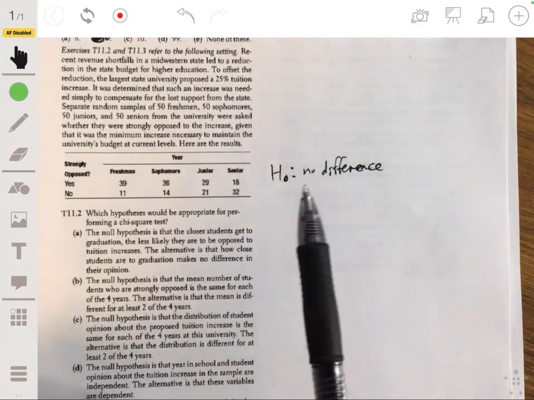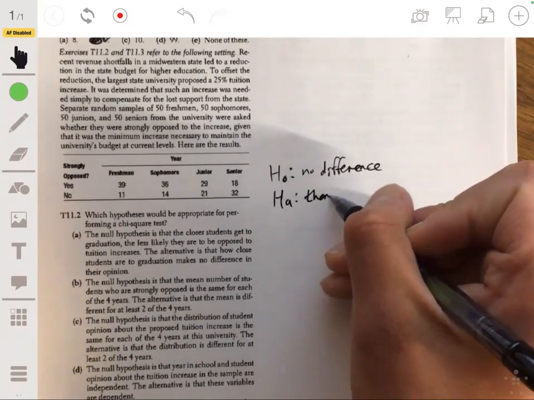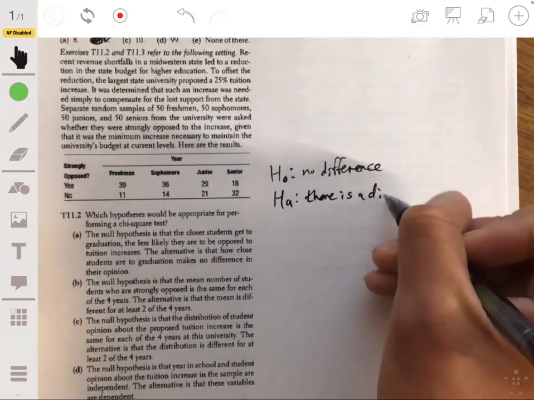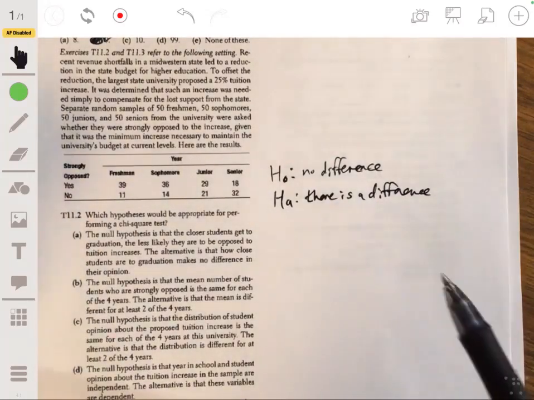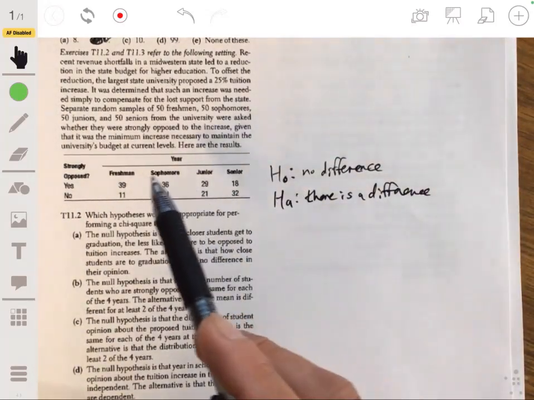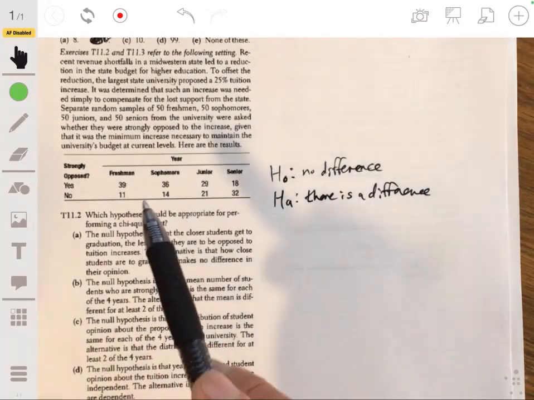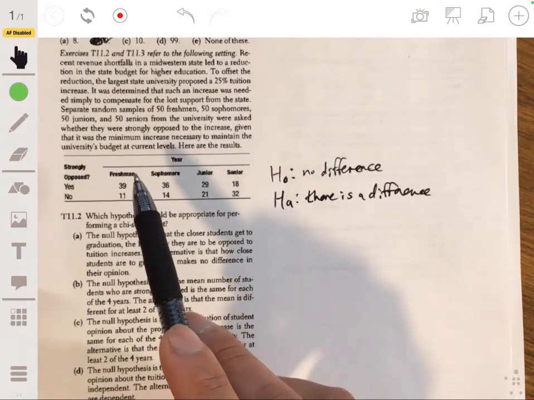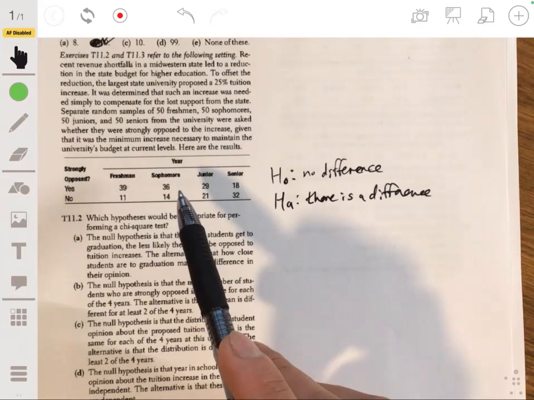So the alternative is that there is a difference. There is a difference in the distribution of yes answers and no answers for each grade. In other words, the percent of freshmen that said yes versus the percent of sophomores that said yes would be different.